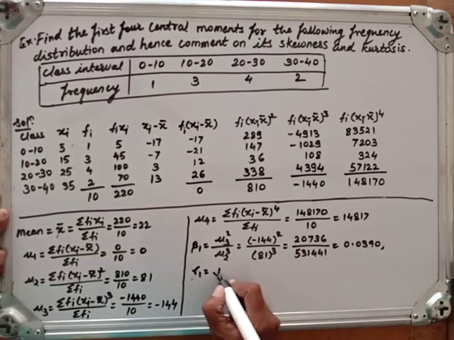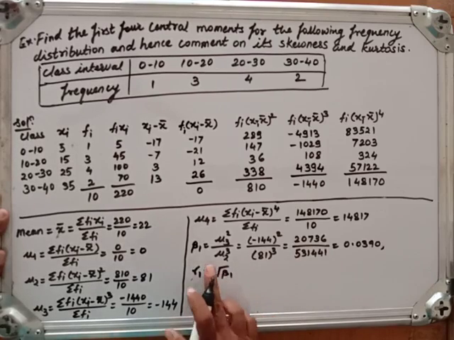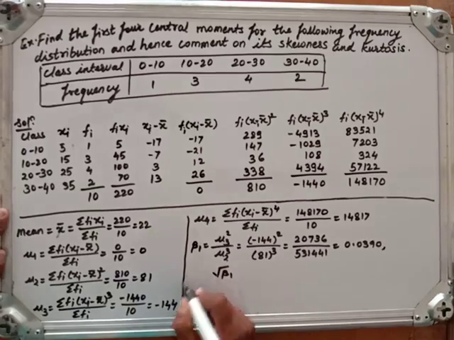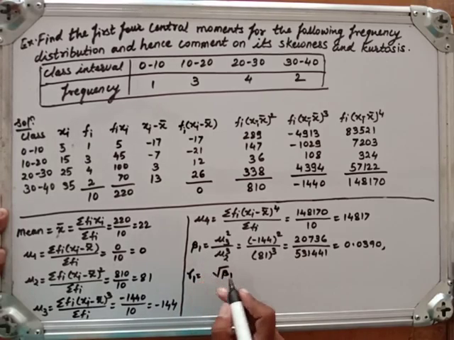Then from beta 1 we get gamma 1. What is gamma 1? It is the root of beta 1. Now here gamma 1 has the sign according to the sign of mu3. Already I had given that one, we had written that part. So here mu3 has a negative sign, so gamma 1 also has a negative sign. Now a square root has 2 signs, positive as well as negative, so that will be taken from the sign of mu3.